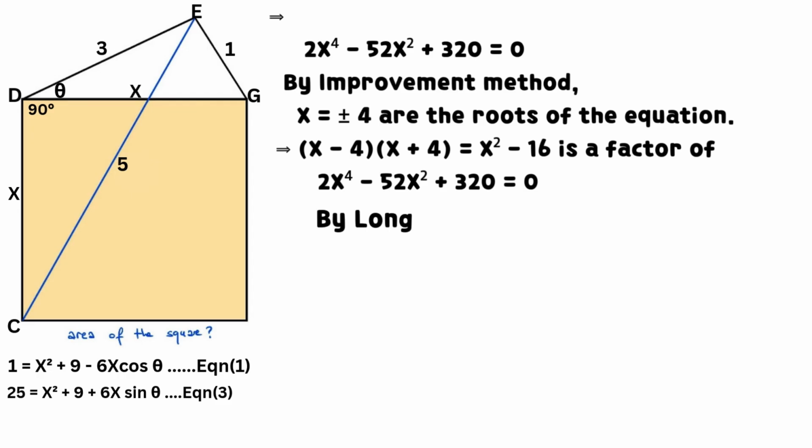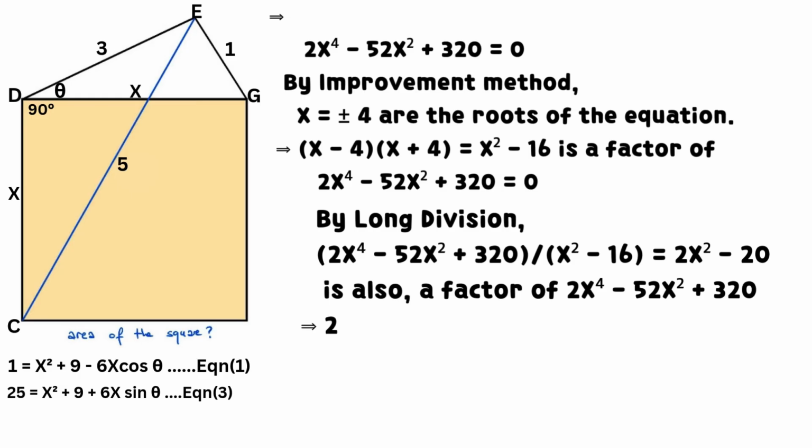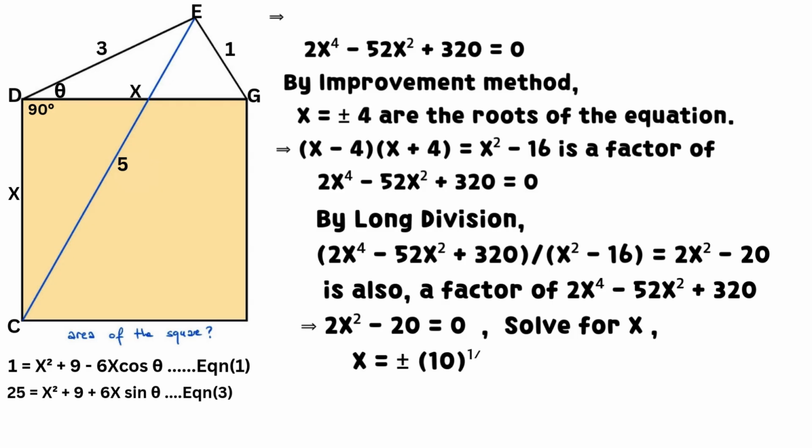By long division, 2 times x to the 4th power minus 52 times x squared plus 320, all divided by x squared minus 16, equals 2 times x squared minus 20, which is also a factor of 2 times x to the 4th power minus 52 times x squared plus 320.